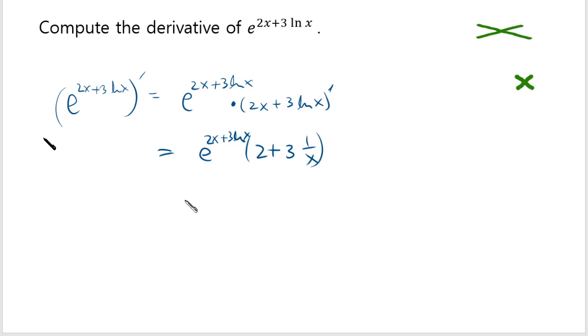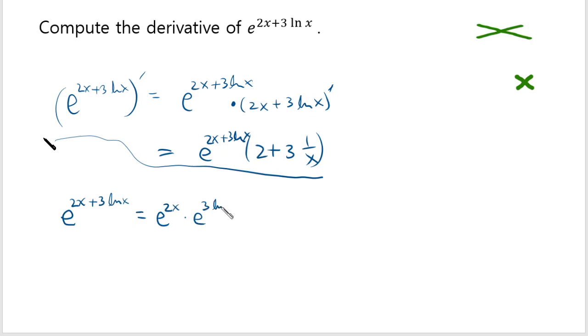Now, actually, you know what? There's a better way to solve this, and that's if you know all these log rules, you can simplify it. So first you can break up this exponential into 2, e to the 2x times e to the 3 ln of x.